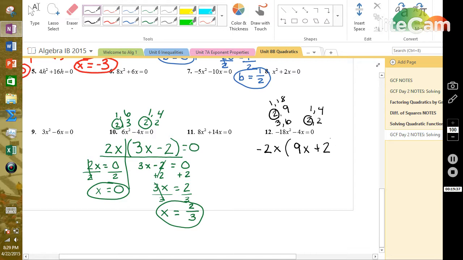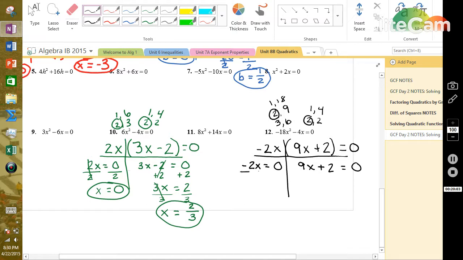There's no x's left in that last term, and we have to set it equal to 0. So now we have to solve, so we set each factor equal to 0. Negative 2x is equal to 0, and 9x plus 2 is equal to 0.